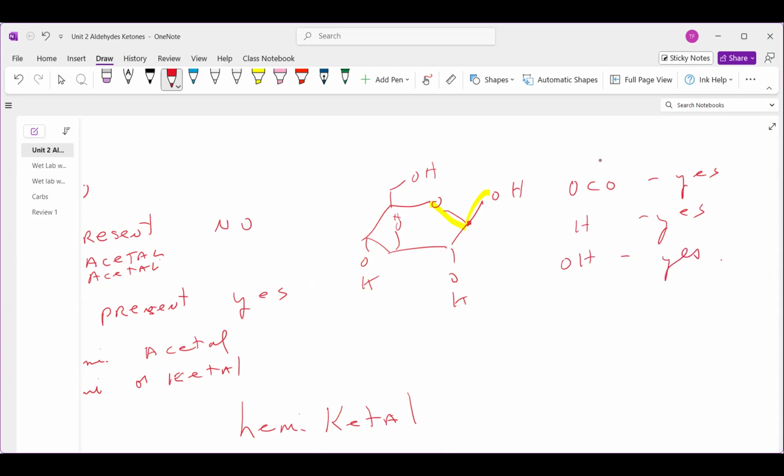So that is a hemiacetal. And I made up this little test a long time ago, like 20 years ago. If the book doesn't clarify it very well, this might.